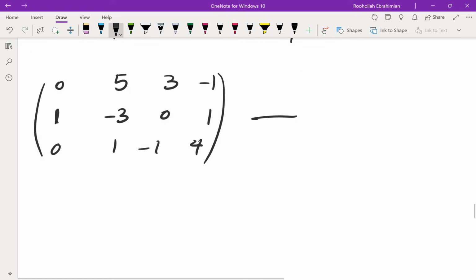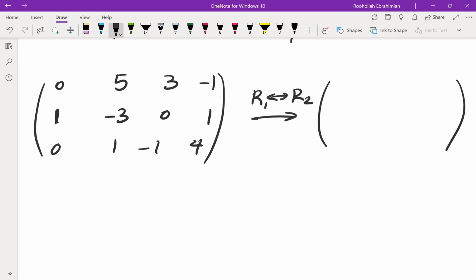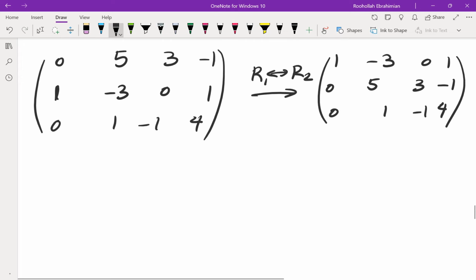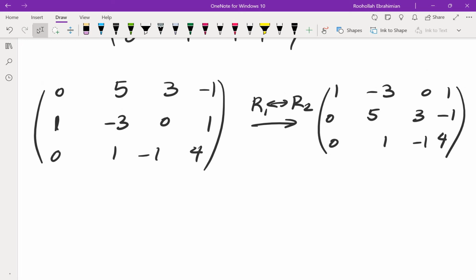I'm going to do a row interchange. Row 1 and row 2 are going to be interchanged. And that gives me 1, -3, 0, 1, 0, 5, 3, -1, 0, 1, -1, 4. Now I'm going to make this guy 0. I'm going to keep 1 because that's just easier.